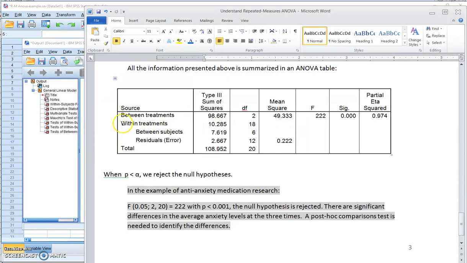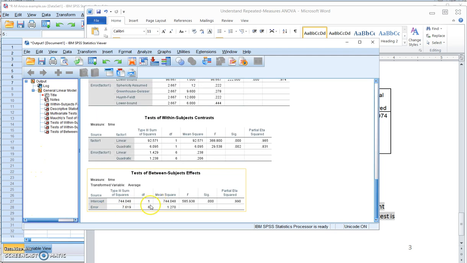The ratio between the two is your mean square. And the within treatment sum score is further partitioned into the between subject sum score, which is from this table right here. We have 7 subjects, so 7 less 1 gives you a degree of freedom of 6.